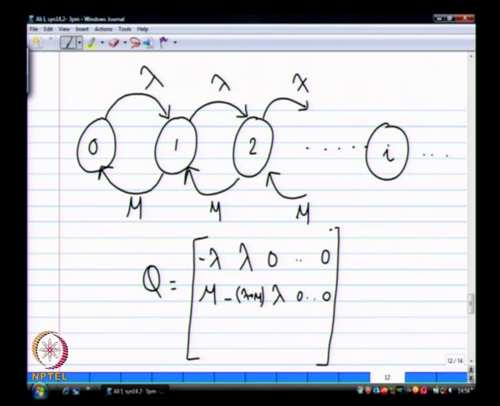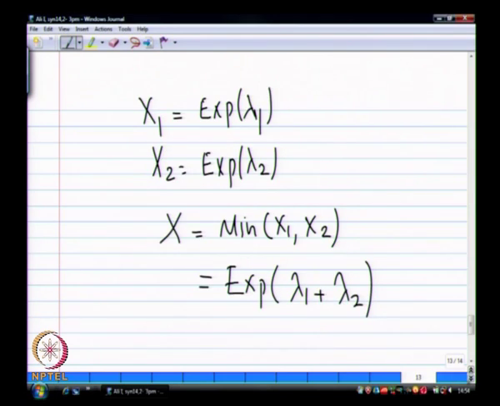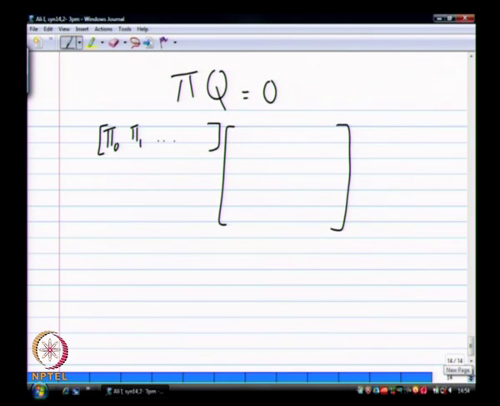If you assume it is finite, the last one will simply be mu, lambda and minus mu. Okay. Just to be consistent with the book's definition that we will use from now on, let pi_i be the steady state probability of being in state i.